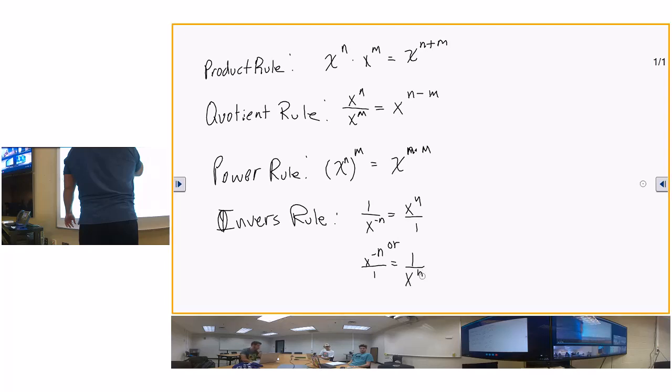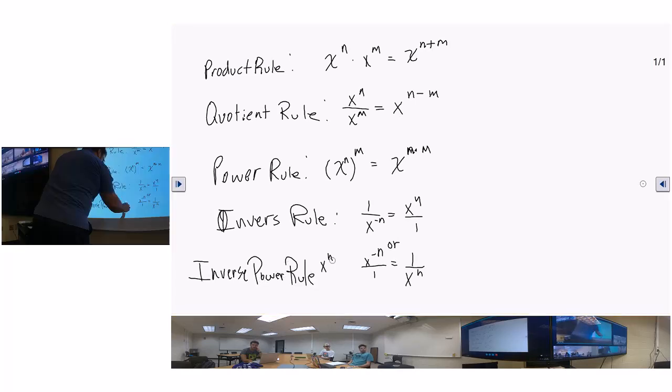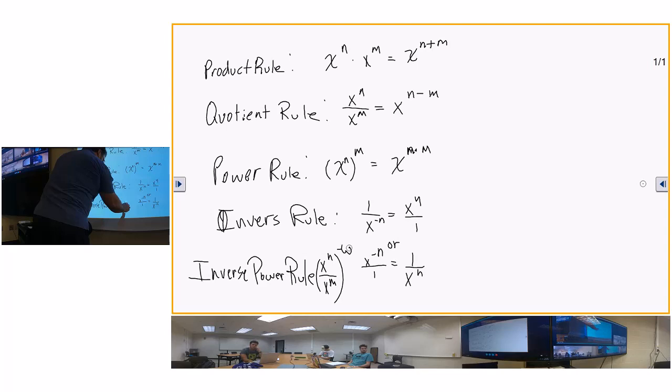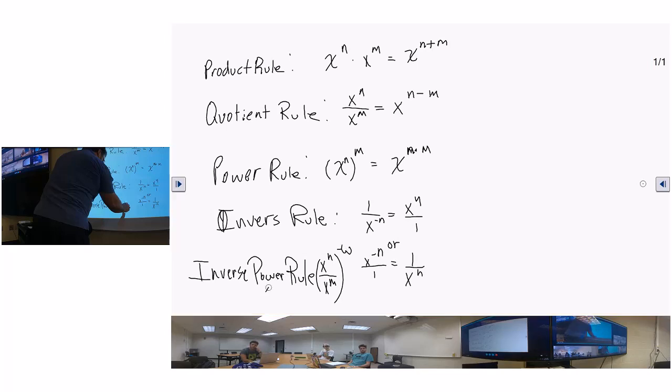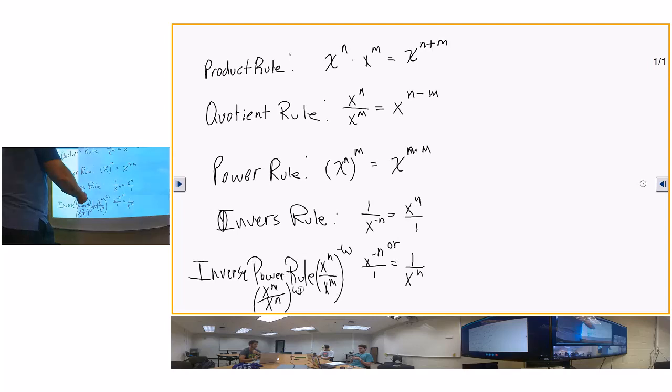And then the inverse power rule says if you have x to the n over x to the m raised to the negative w power, you can flip what's on the inside and you get x to the m over x to the n raised to the w power. Now remember, this is a different animal than this. This has parentheses, so it's a little bit different. If you flip what's on the inside of parentheses, it's not going to change the two signs. It's going to leave the signs the same, and it's going to flip the sign on the outside.